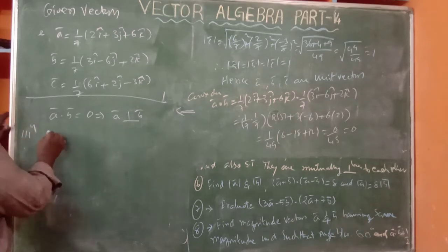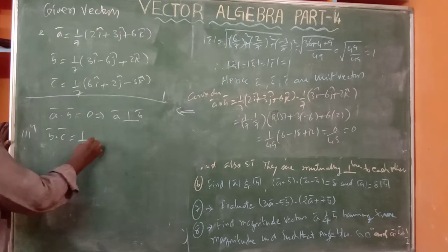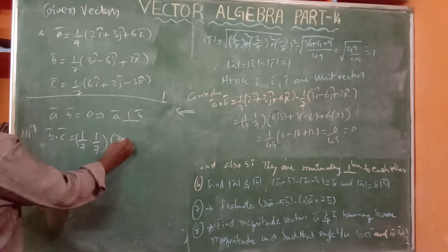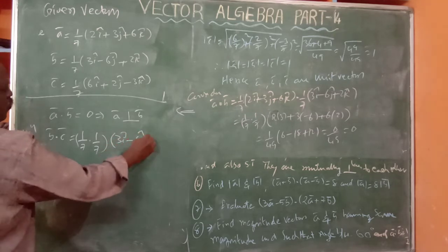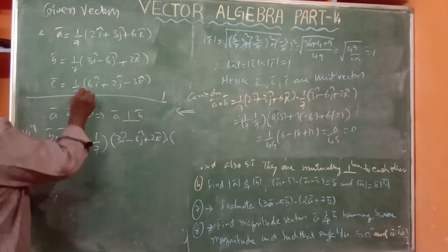Similarly, we will find b bar dot c bar. It is also 1/7 into 1/7, and it is very simple. Here it is (3i − 6j + 2k) dot (6i + 2j − 3k).